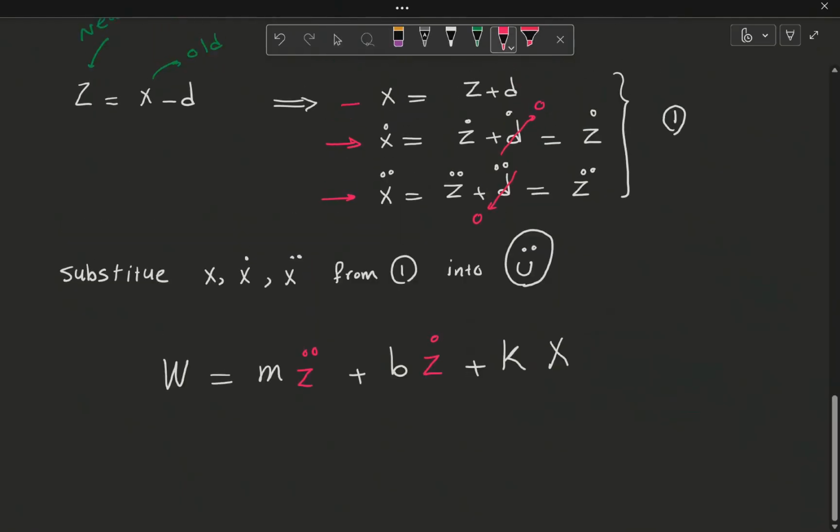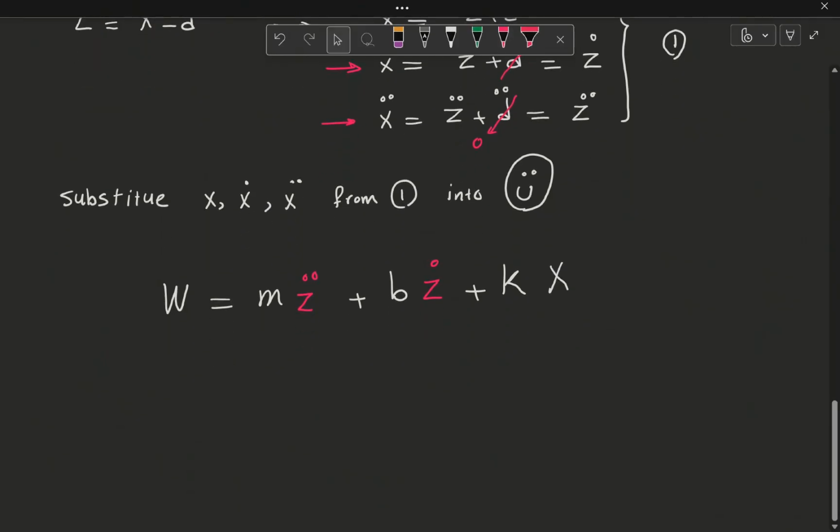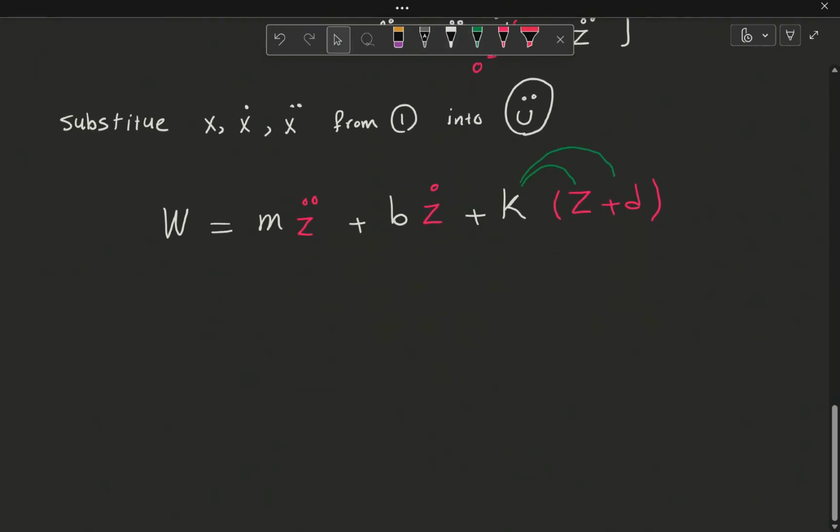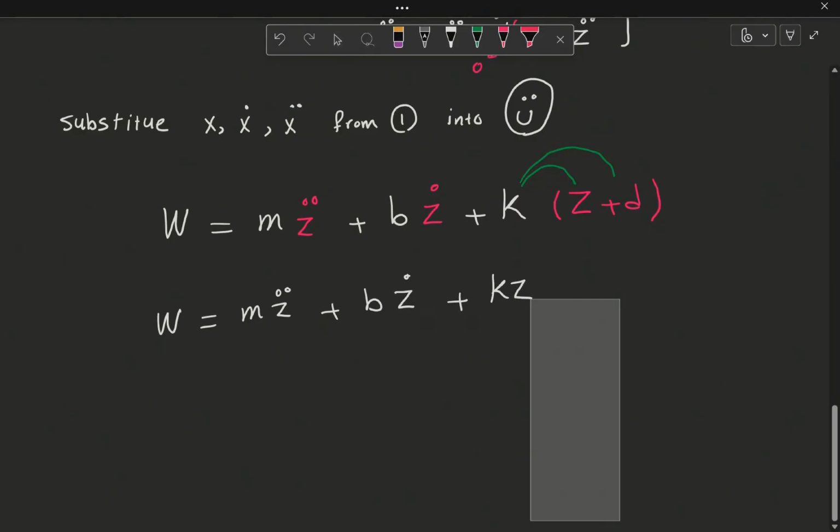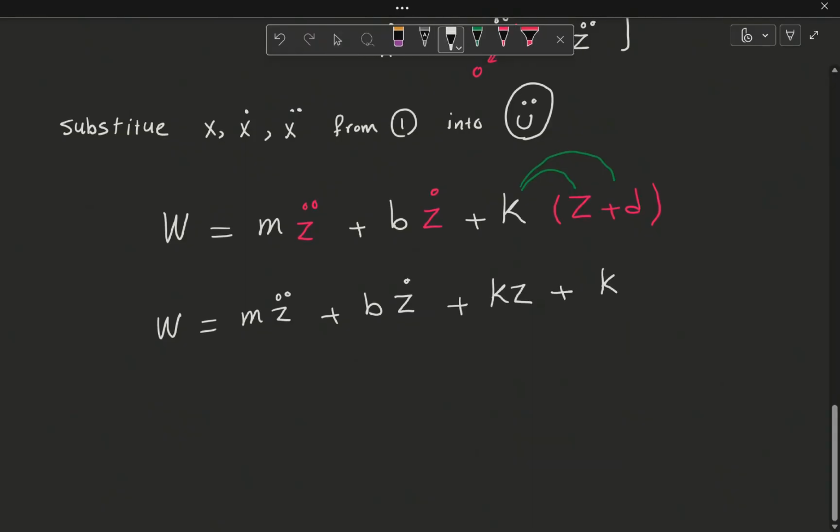Instead of x, I can put z plus d. Now look at this. I'm going to distribute this k here and here, and rewrite this equation. So this is going to be W equals m z double dot plus b z dot plus k z plus k times d.